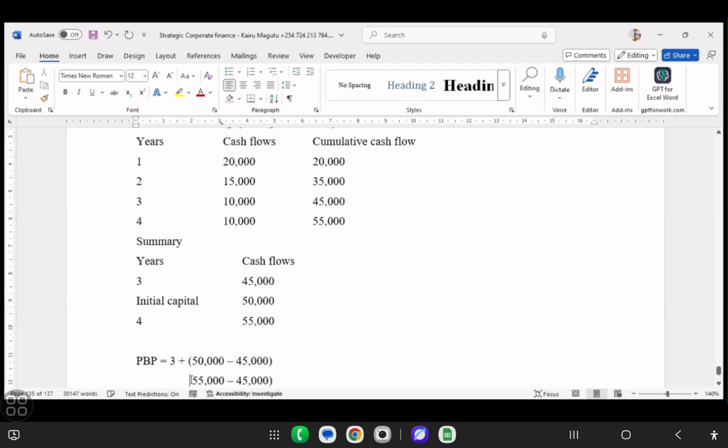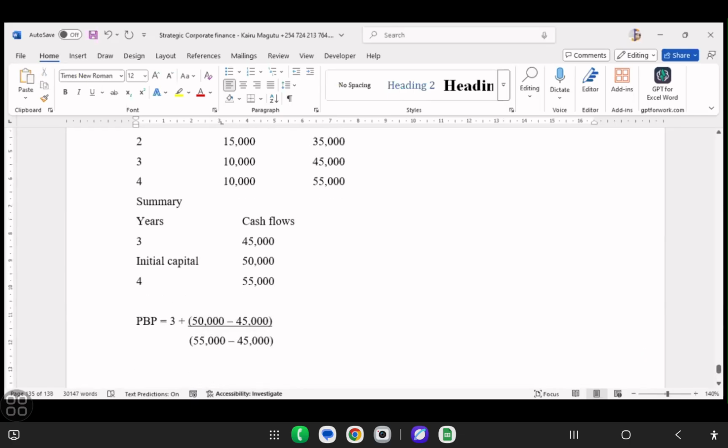That means our PBP is equal to 3 years plus, we take 50 minus 45, that is 5, divided by 10.